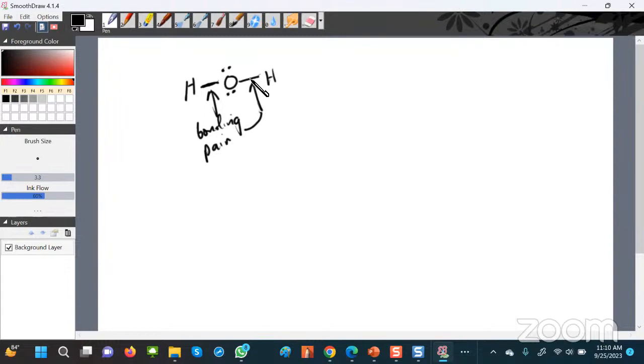It has two bonding pairs and two what we call lone pairs. This one and this one right here, right? So whenever you're drawing a Lewis structure for any molecule, it's very important that you make a distinction between both the bonding pairs and the lone pairs of electrons.